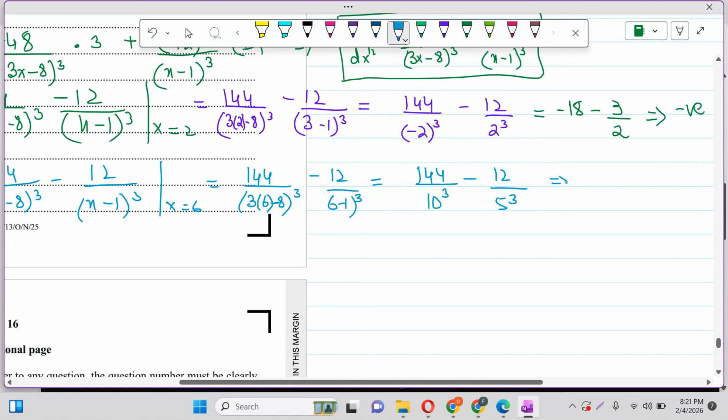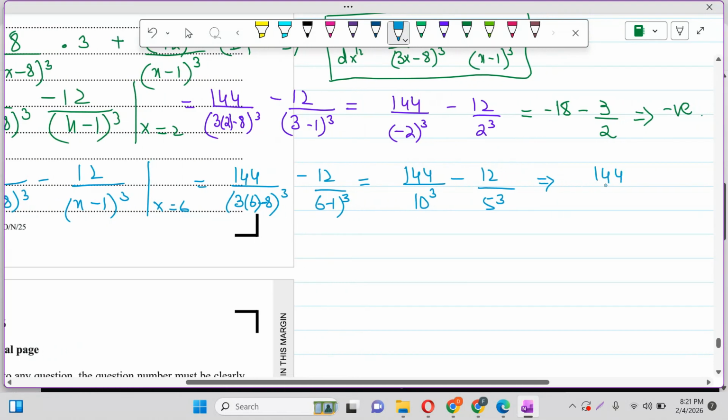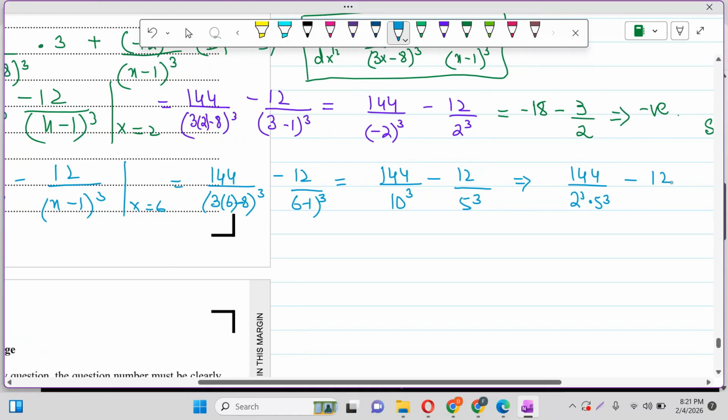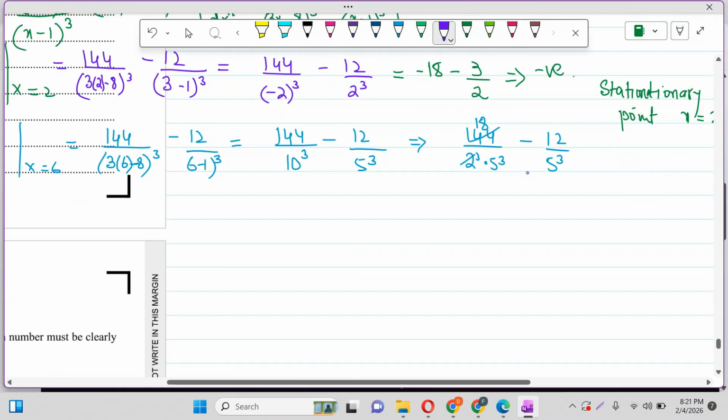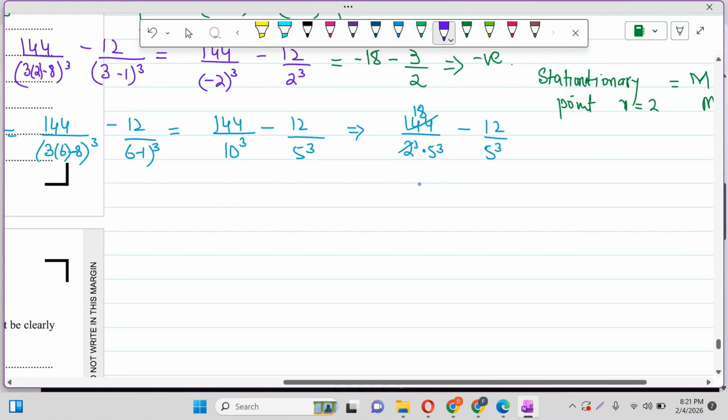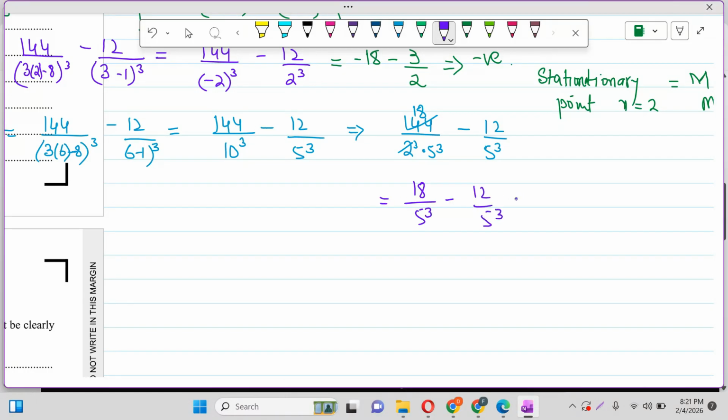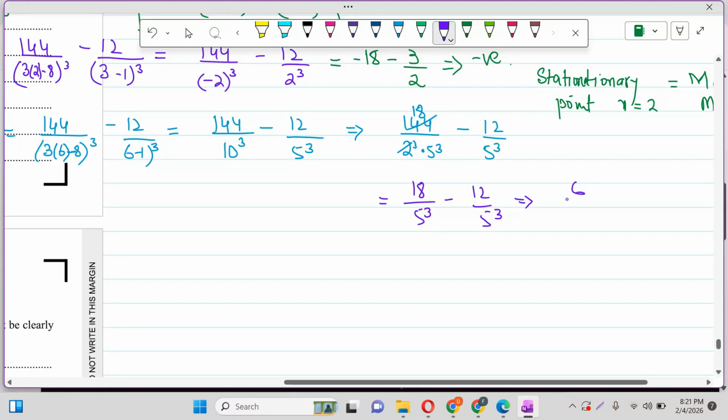For solving, we will have 144 over 2 cube times 5 cube minus 12 over 5 cube. So we will have 18 over 5 cube minus 12 over 5 cube, and this one is equal to 6 over 5 cube.